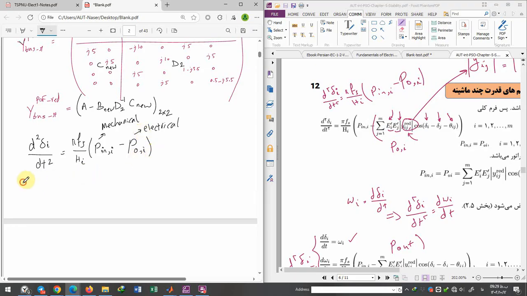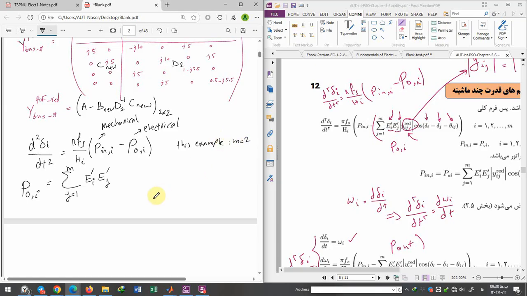So we have P output, electrical output of each generator, equal to sigma of Ei prime, the EMF of each generator in transient mode, multiplied by Ej prime, EMF of other generators. j would be started from 1 to M. For this example, we have one other generator, so M is equal to 2.